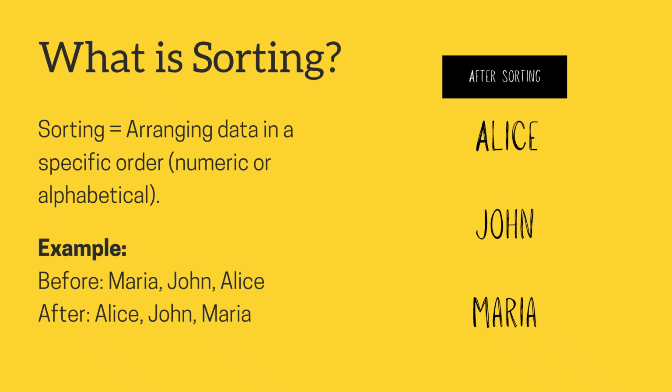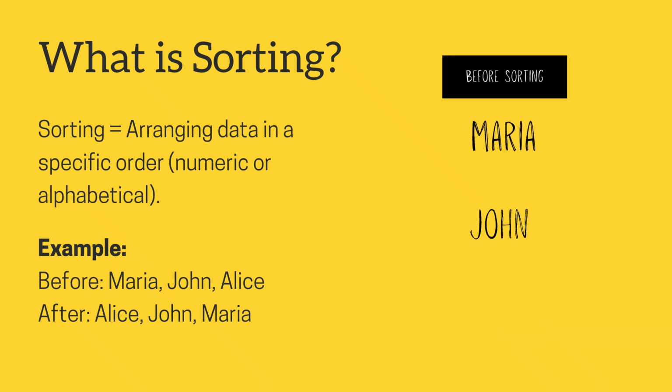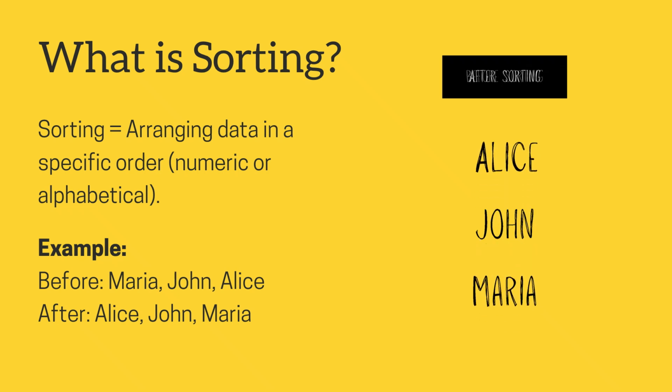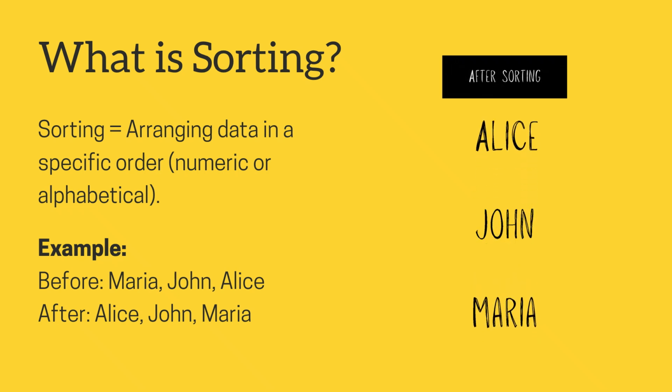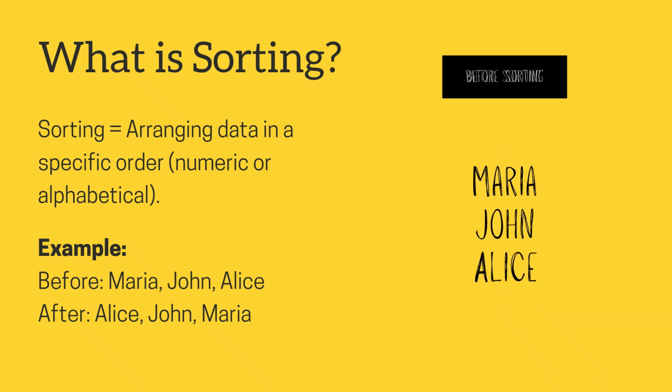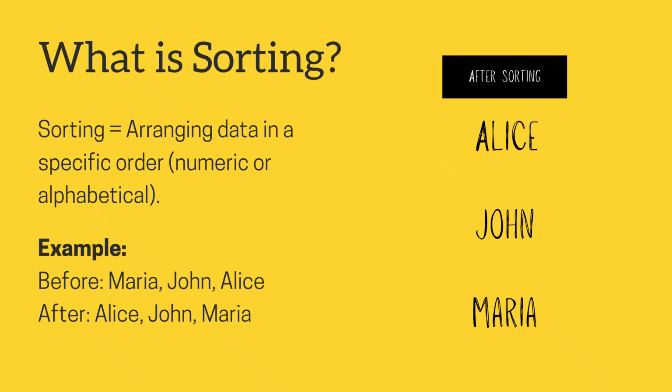Imagine we have an array of names: Maria, John, Alice. If we sort them alphabetically, we get Alice, John, Maria. It takes data that's jumbled and organizes it logically. This is important because once your data is sorted, you can process or find information much faster.